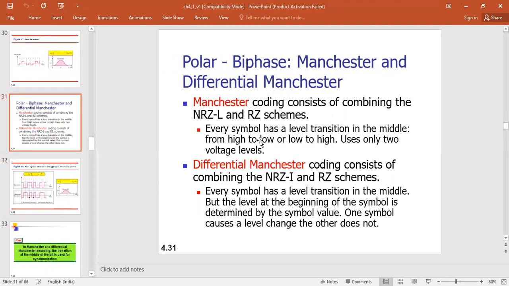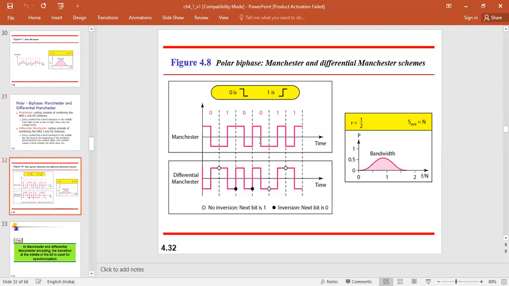Differential Manchester coding consists of a combination of NRZ-I and RZ. Every symbol has a transition in the middle, but the level at the beginning of the symbol determines the symbol value. Once one symbol passes, the level changes or not. So this is the 0. If it is considered as negative to positive, it is 0.